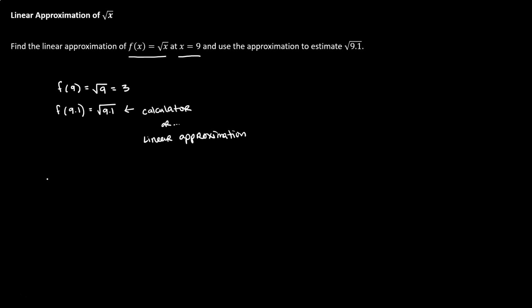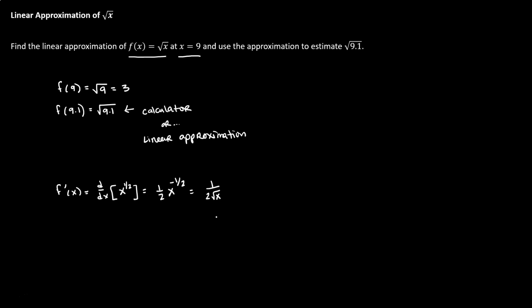Linear approximation involves finding the tangent line. So that's the first thing that we're going to do, is calculate the tangent line. In order to do the tangent line, we know we need the derivative. So let's find the derivative of f. We're going to take the derivative of the square root of x, which I'm going to write as x to the power of 1/2, so that we can use our power rule to say that derivative comes out to be 1/2 times x to the negative 1/2, which if we wanted to, we could write it like this.